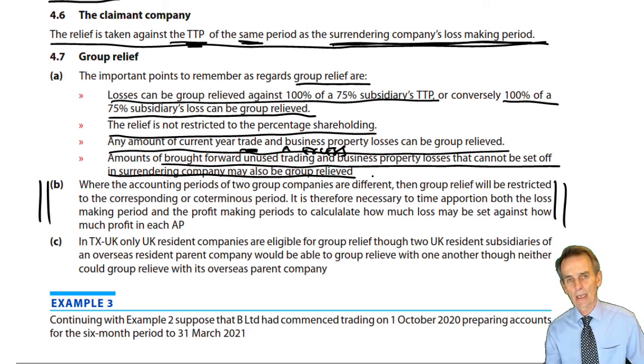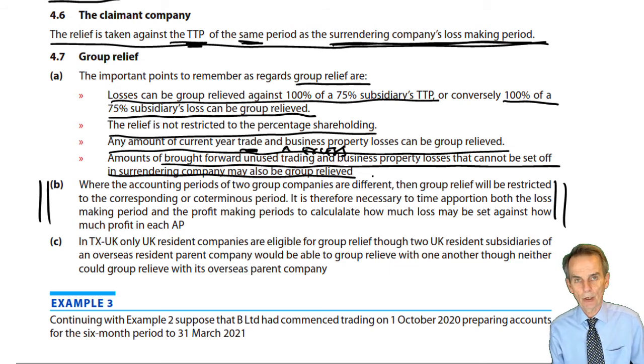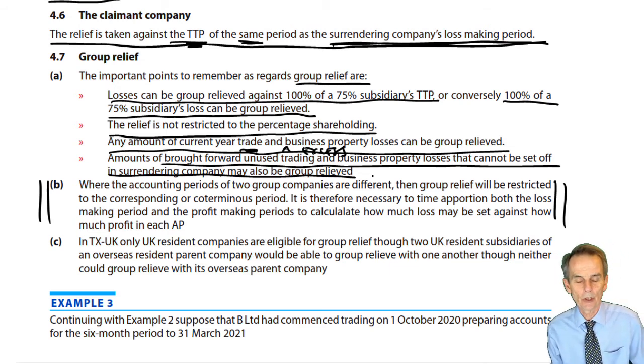And again, we've looked at then within the claimant company what amount of profit would be eligible to absorb the surrendering company's own brought forward losses that are now being group relieved. Again, go back and check through that. These are the tricky things that we may have to deal with.